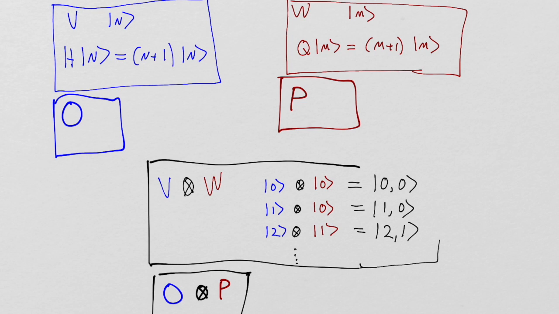And these kets are now going to be the kets that live in this vector product space. I'm using the word vector product space now because that's the way we use it in quantum mechanics, but it is a tensor product space. But these kets that have two labels live in this vector product space.